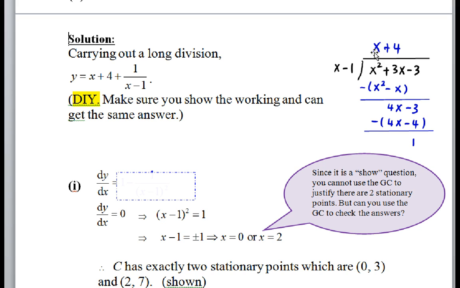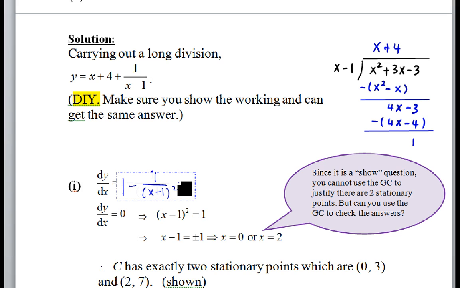Now, what do we want to do? We want to show that there are two stationary points. So we differentiate. Can we differentiate this? Can. Differentiate x, you get 1. Differentiate this very quickly.